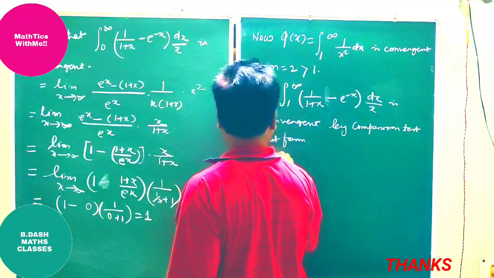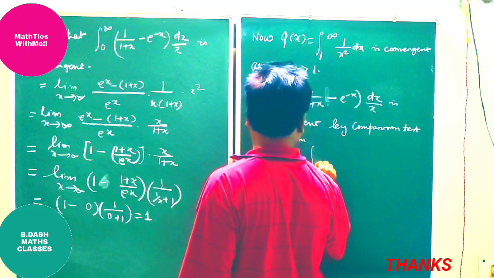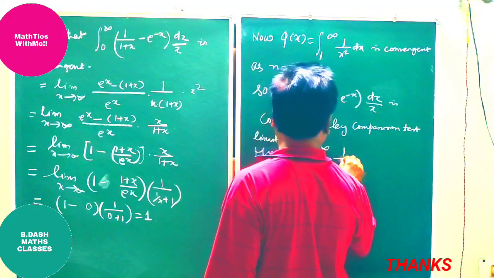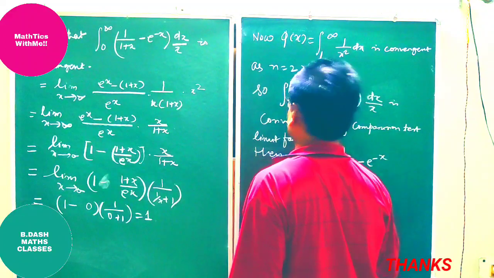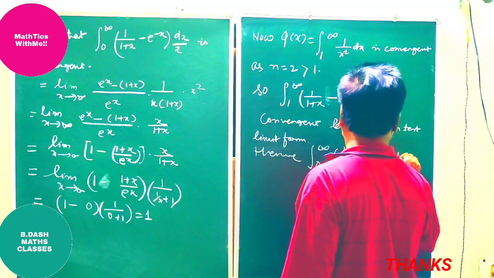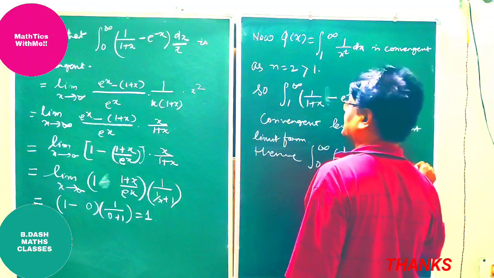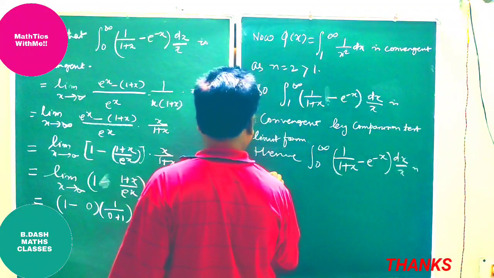Hence the integration from 0 to infinity of (1 by 1 plus x minus e to the power minus x) dx by x is convergent.